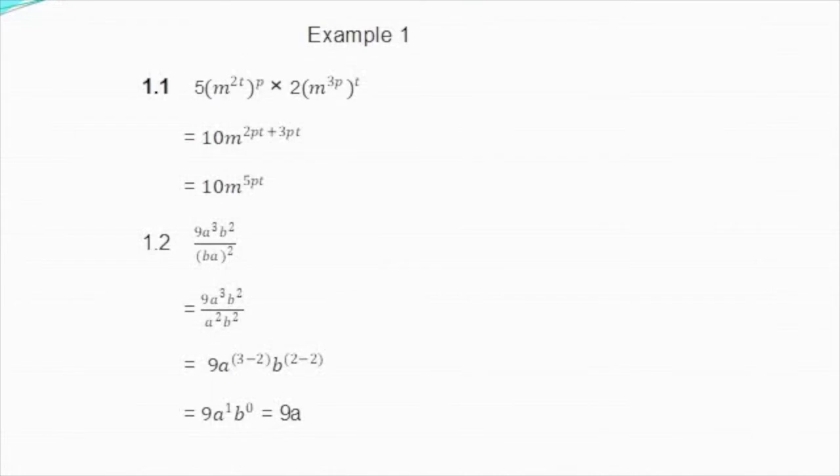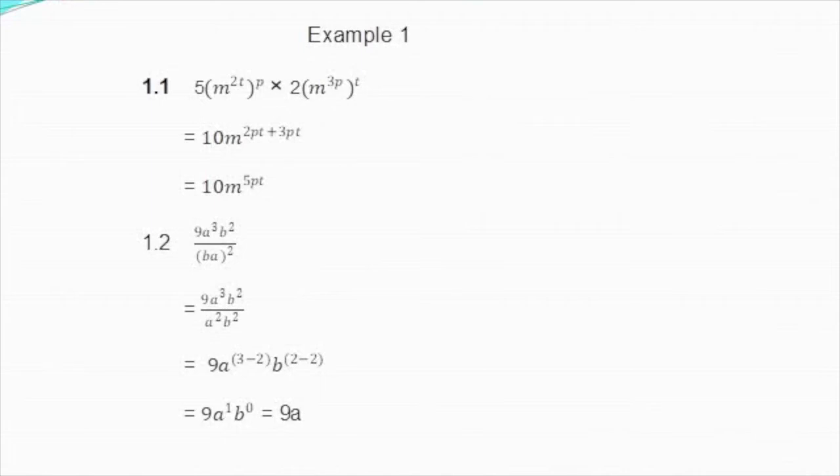Another example is 1.2. We have 9a to the power 3, b to the power 2, divided by (ba) in parentheses exponent 2. So let's apply one of the laws of exponent to solve the denominator, (ba) exponent 2.